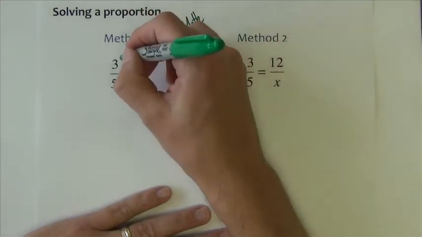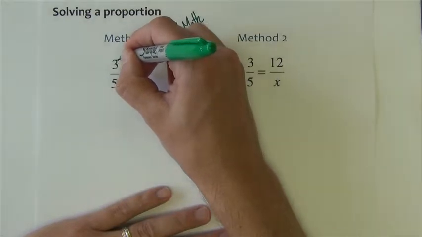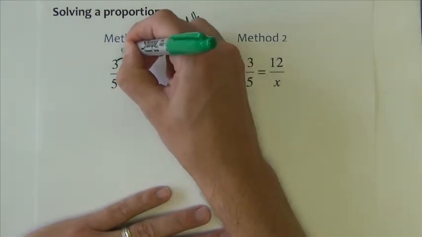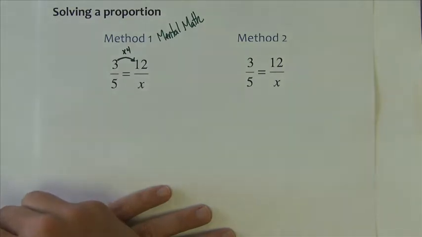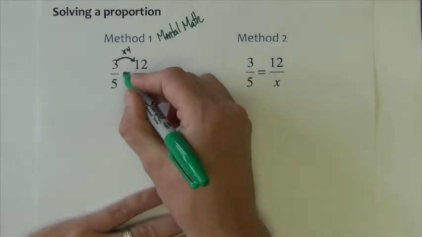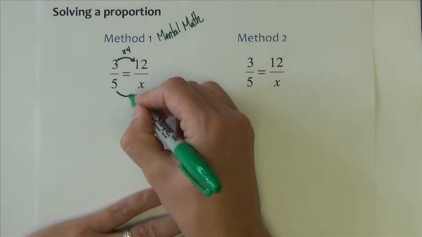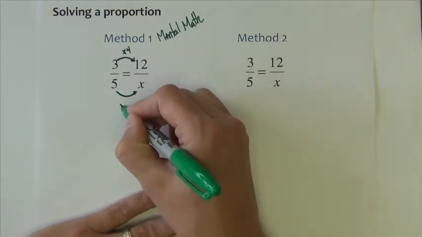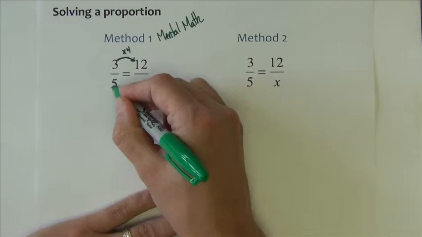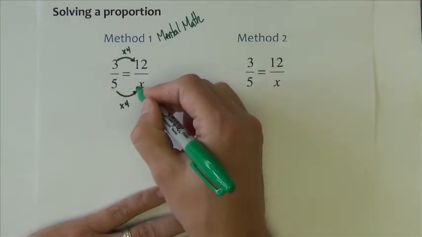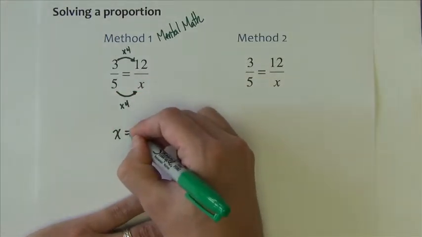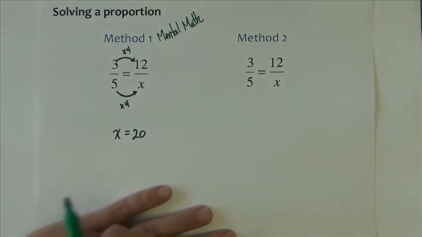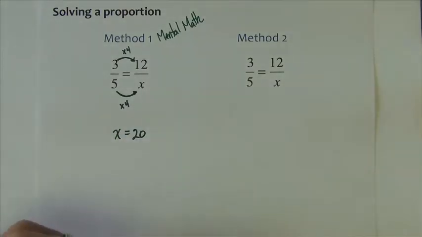In other words, to get from 3 to 12, we took times 4. 3 times 4 gives us 12. And since these are equal to each other, we have to apply the same scalar. So we take the bottom number 5 times 4, and that would give us that x should be 20. That's a nice way to do the problem.